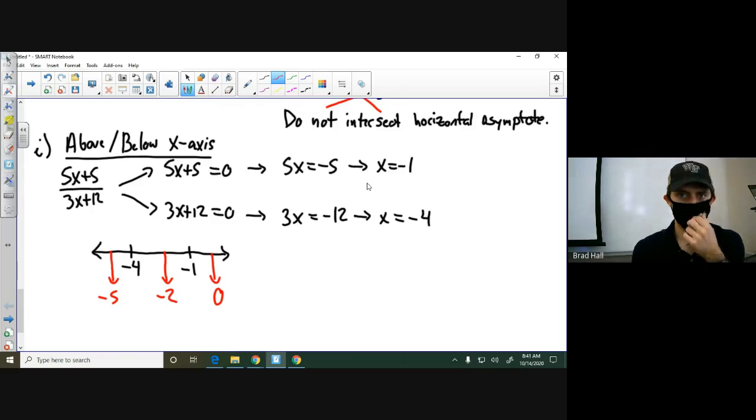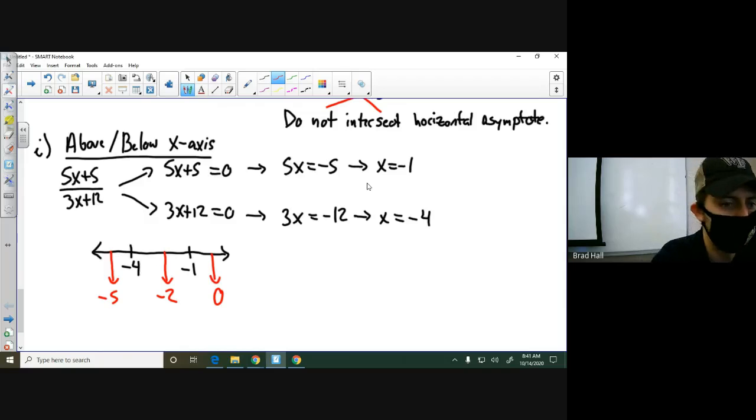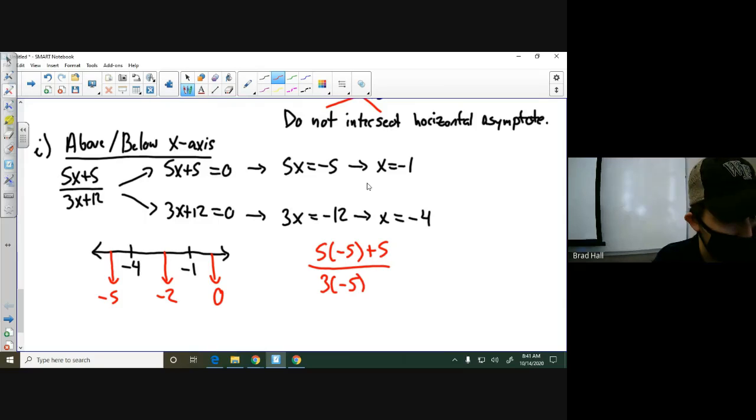And so what this problem wants us to do is for each one of these test values, as they're ultimately referred to, we want to plug them into the function and see whether we get a positive or a negative value. So we're just going to plug in 5 times -5 plus 5 over 3 times -5 plus 12.